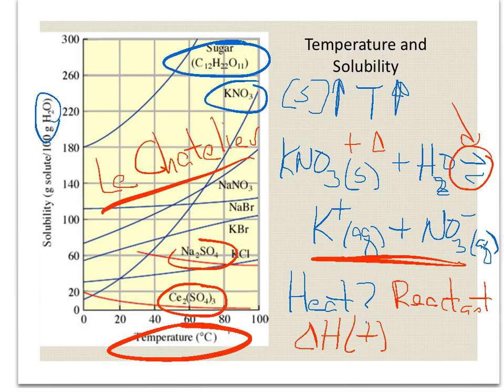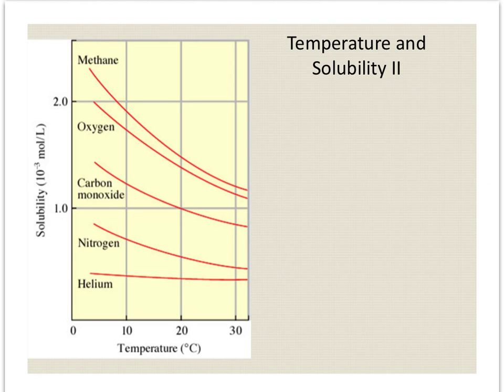All right, how about gaseous solutes? Here's another chart showing the solubility of some solutes versus temperature. All of these solutes, as you can see, methane, oxygen, carbon monoxide, nitrogen, are going to be gases.